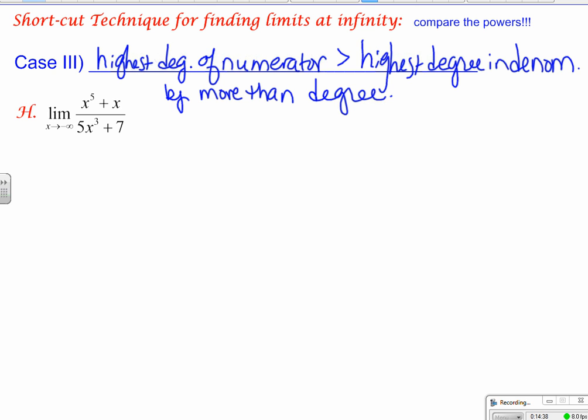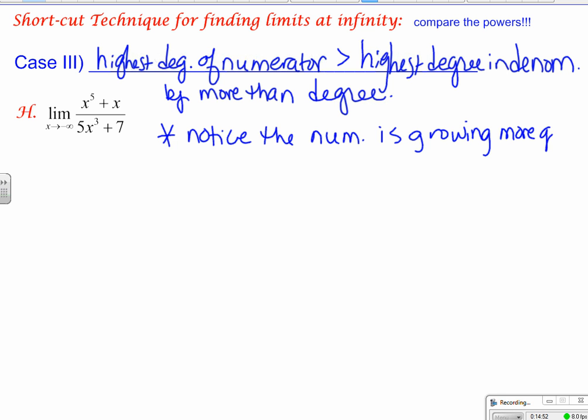When this is the case, notice the numerator is growing more quickly. Thus, it is going to take over the function, and this function is going to equal positive infinity, or perhaps negative infinity, you'll just have to check out your signs.